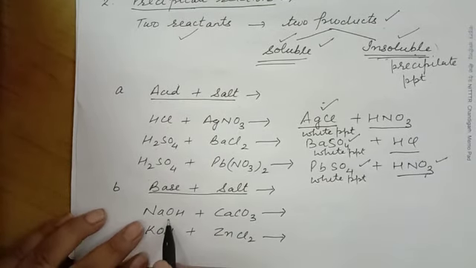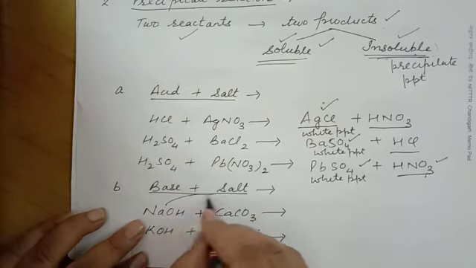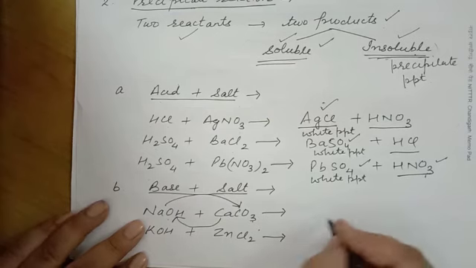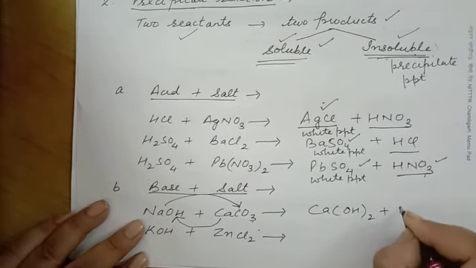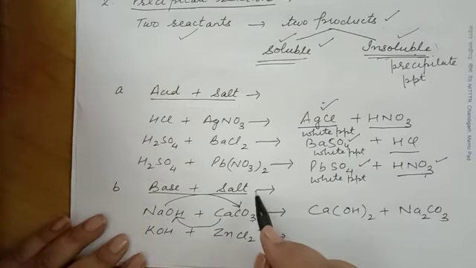So take a base and a salt. After exchanging the radicals, Na is going to combine with carbonate and calcium is going to combine with hydroxide. So we have calcium hydroxide plus sodium carbonate. These reactions are very special.